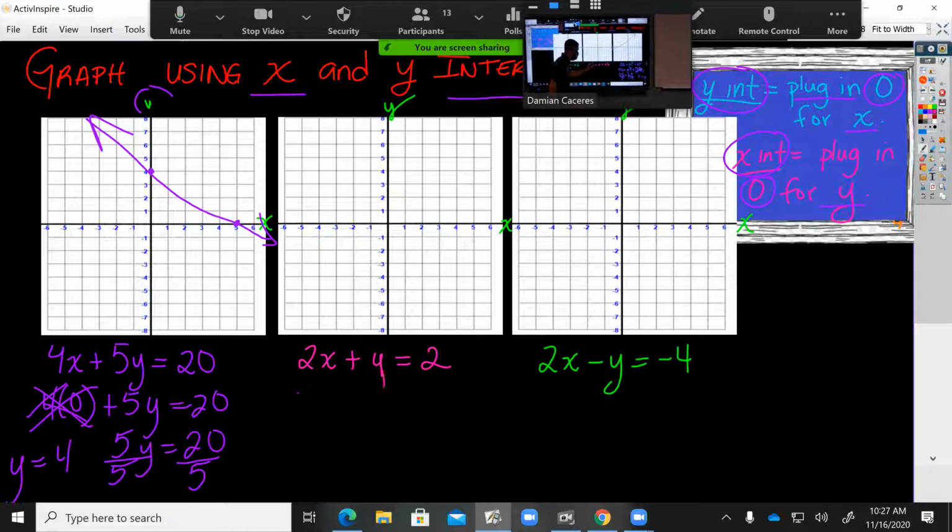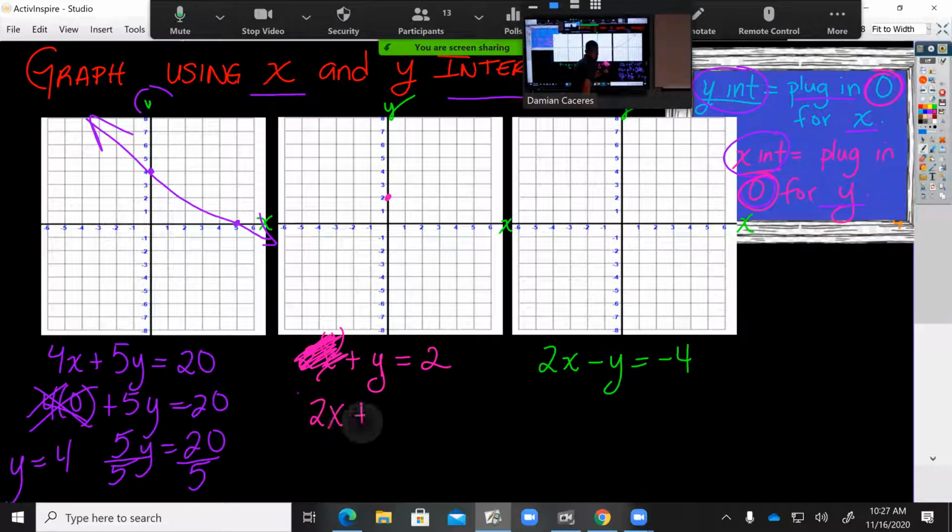Now look at the second one. Now, instead of plugging in a 0 and erasing it, and then plugging in a 0 here and erasing it, I'm going to do it from the beginning. If I plug in a 0 for x here, what's going to happen to 2x? It's going to disappear. So what's left is y equals 2. So we already did that one without any work.